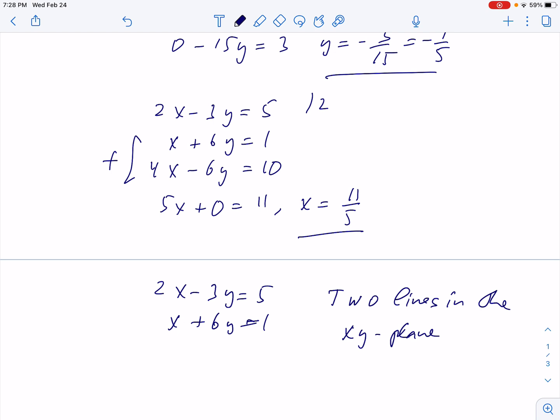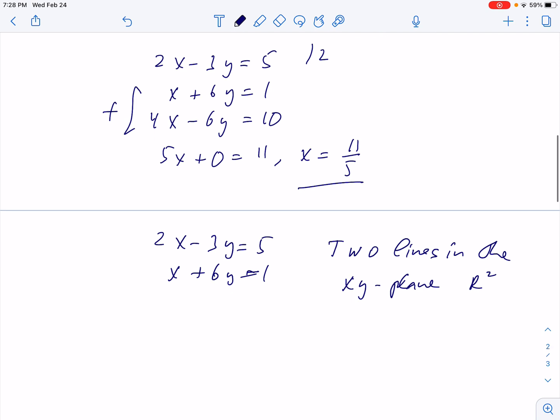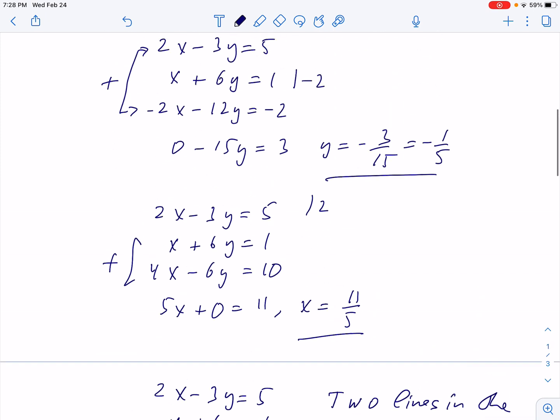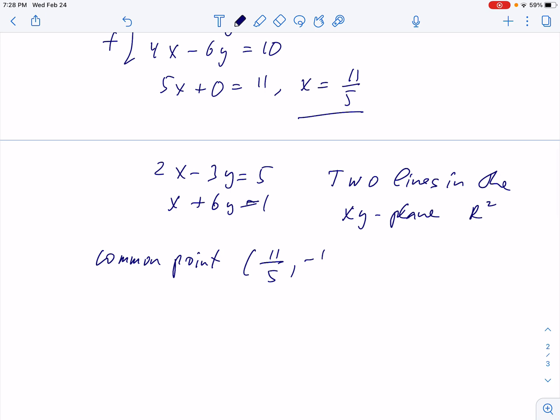We usually write it this way, R squared, like 2 times the number line. And solving this system, we're actually looking for points which are common for the two lines. So we're looking for a common point. And we found a common point. The common point is our solution. It will be the point with coordinates 11/5 and negative 1/5. So the solution to this system is the common point to the two lines.